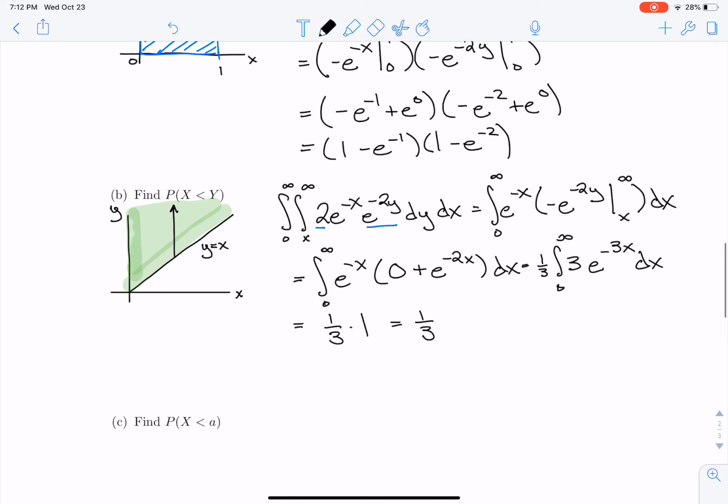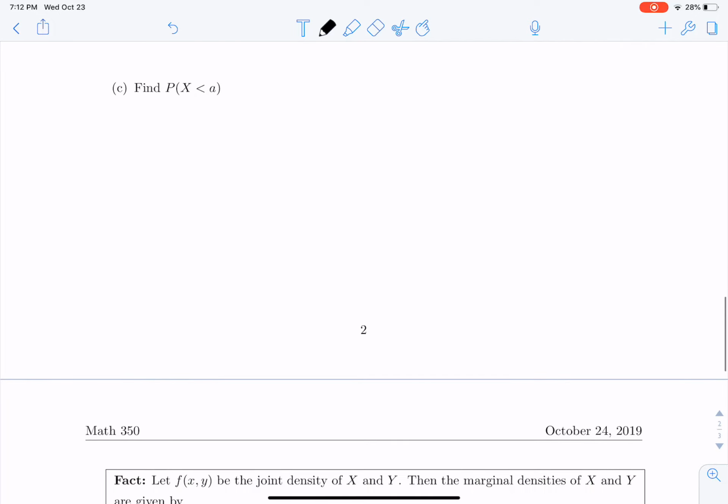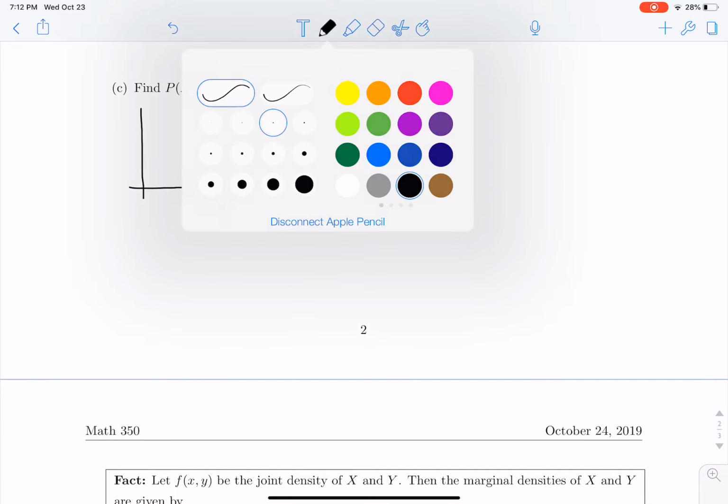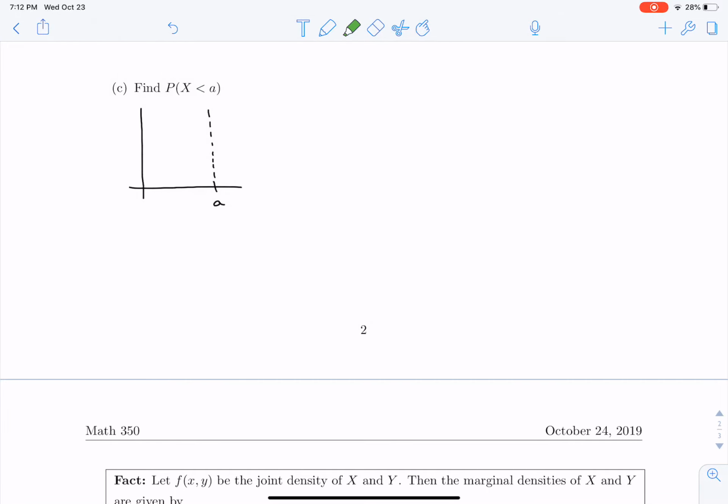Finally, let's do the probability that x is less than a. So if we're going to find the probability that x is less than a, let's draw the region out again. Okay, so here's a. If I want x to be less than a, then I'm looking at this region here.